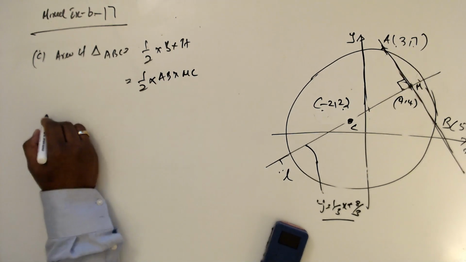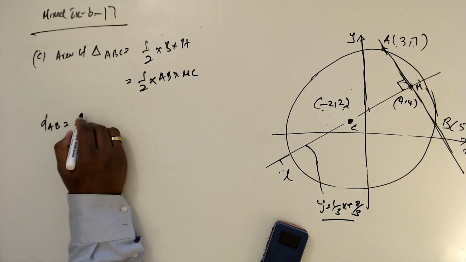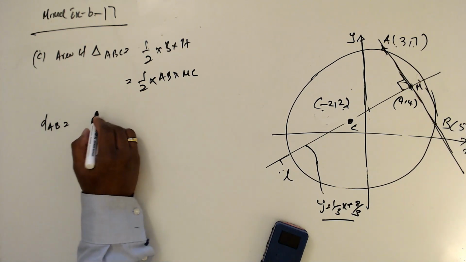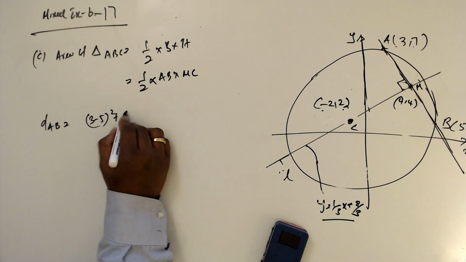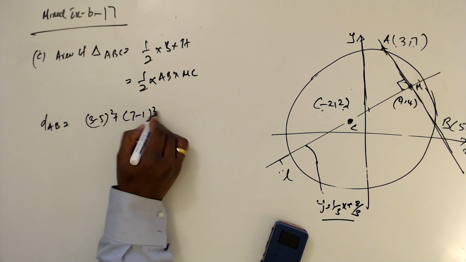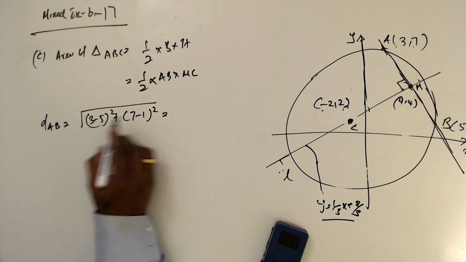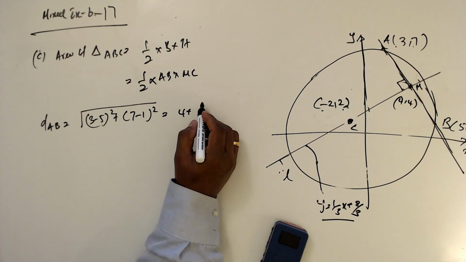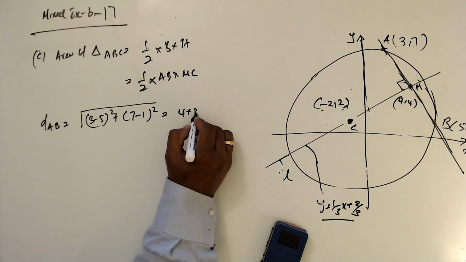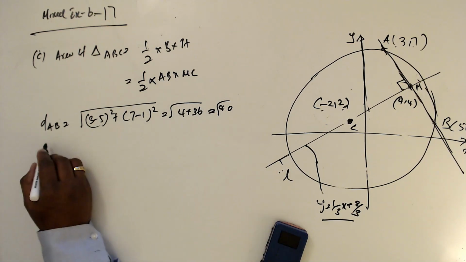So the AB distance I want to find. D_AB equal the square root of (3 minus 5) squared plus (7 minus 1) squared. This is 3 minus 5, minus 2 squared, 4. 7 minus 1, 6 squared, 36. This is going to be the square root of 40.